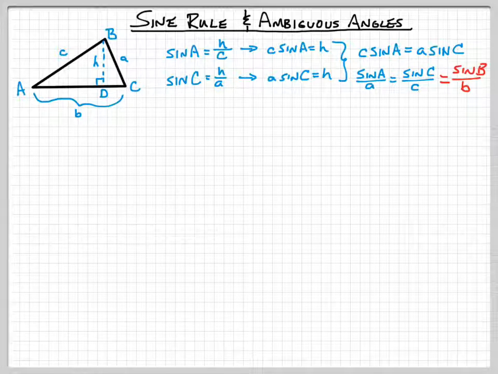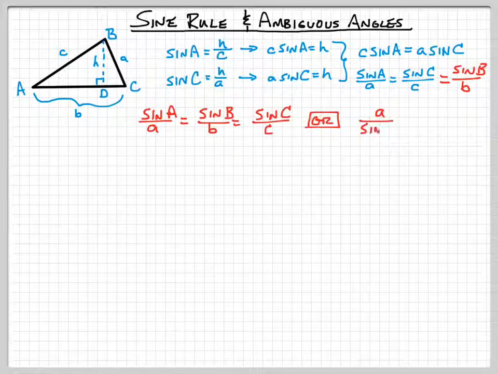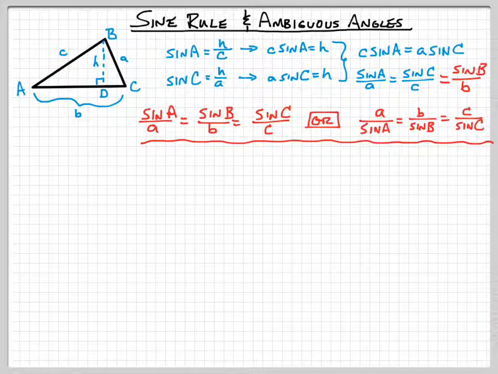So this shows that even with a non-right triangle, because we use the height in there, we get this proportion: sine A over A equals sine B over B equals sine C over C. Or you could write it the other way with the values flipped, as long as when you're using these proportions, you always have the sines in the numerator and the sides in the denominator, or all of the sides in the numerator and all of the sine values in the denominator.